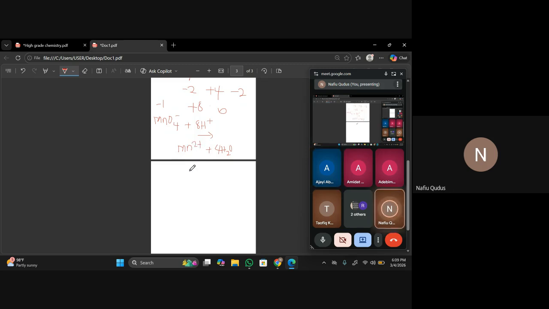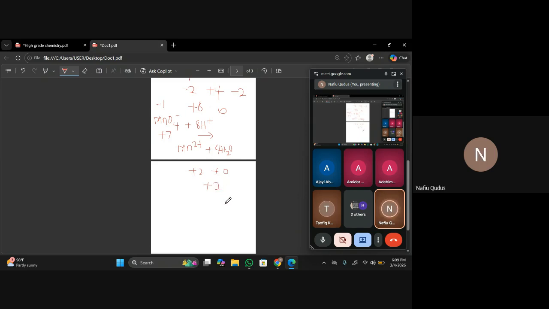Here we have +2, and this one we have 0, right? The overall ion that we have at the reactant side is +7, right? This one, the overall is +2, right?